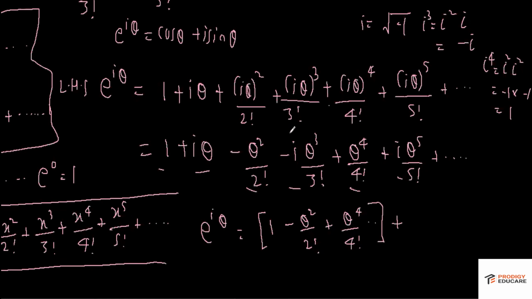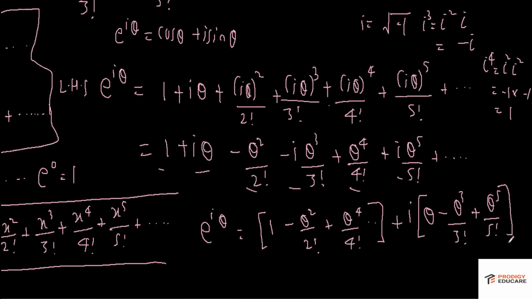Plus, for the imaginary part, I'll simply take i as common. So i times theta, then minus theta cubed by 3 factorial, then plus theta raised to 5 by 5 factorial.